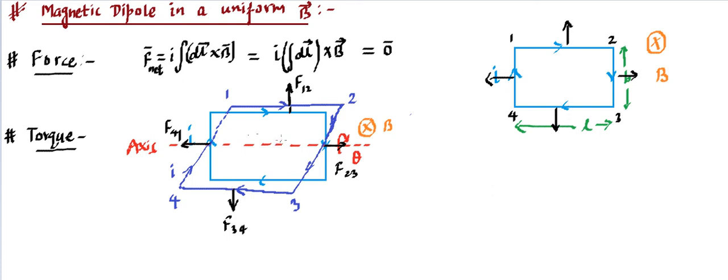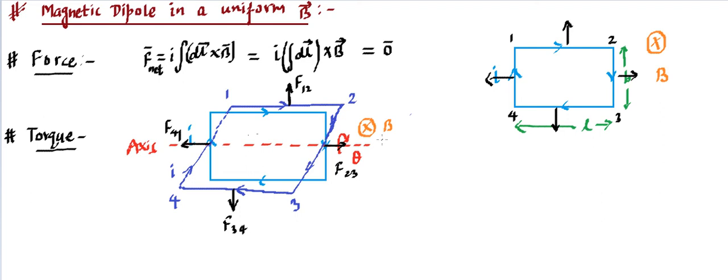First thing that we need to identify is the sense of this torque. Whether the sense of the torque is in the direction of rotation that we made, or it is in the opposite direction. If you look carefully, you'll find this force will try to bring this back in the upward direction. And this will try to take the branch to the downward direction, that means in the direction where originally it was located.